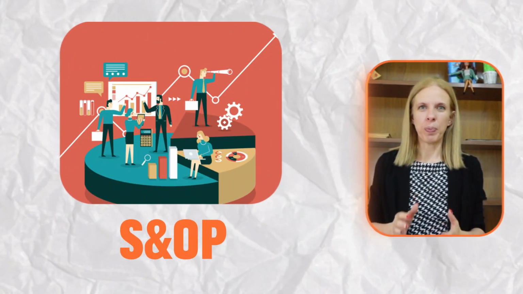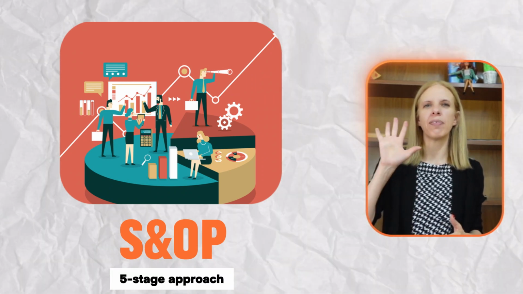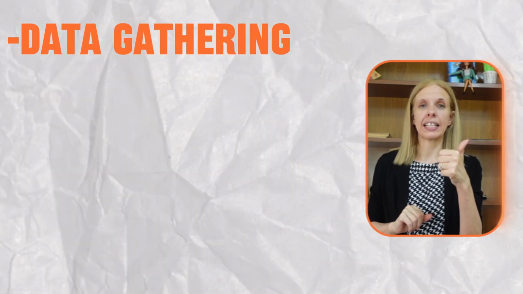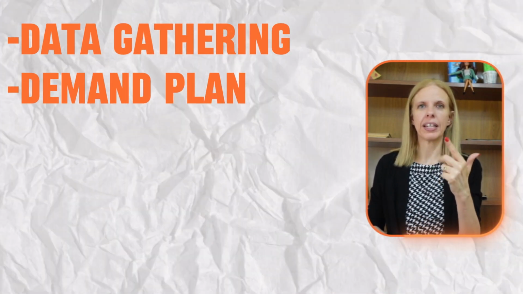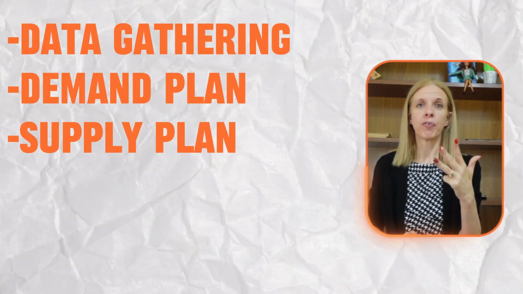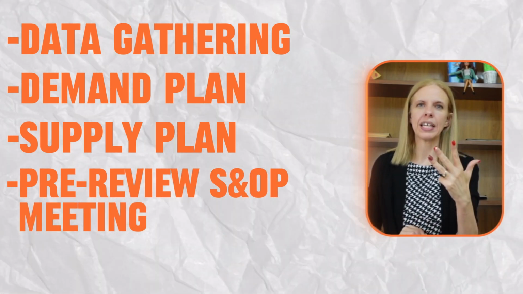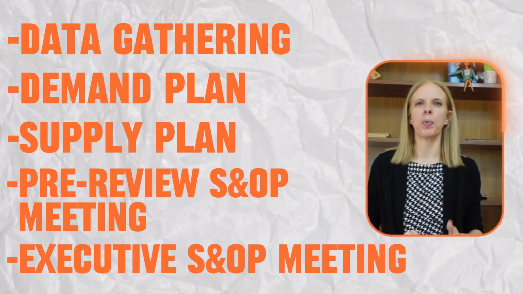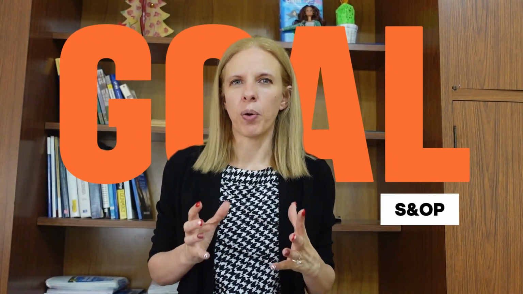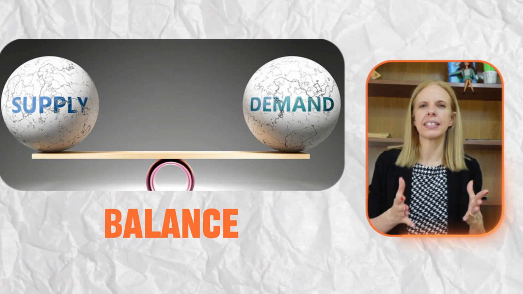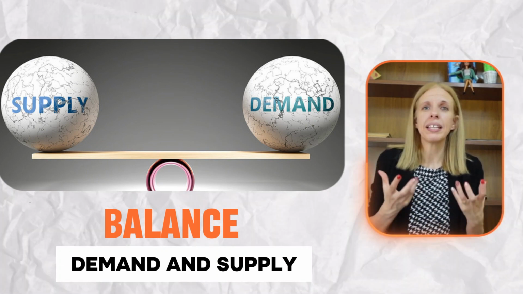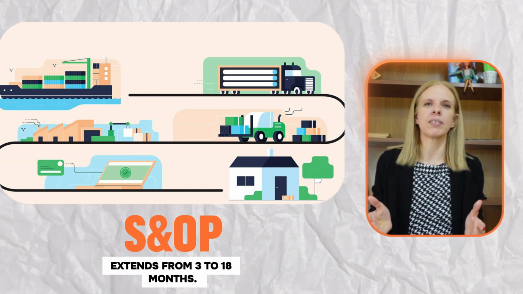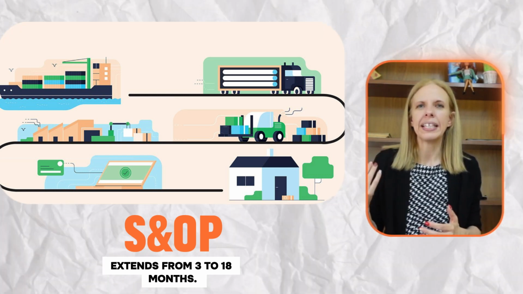The S&OP process follows a 5-step approach. 1. Data gathering. 2. Demand plan. 3. Supply plan. 4. Pre-review S&OP meeting. 5. Executive S&OP meeting. The goal in S&OP is to balance demand and supply by identifying a workable solution. S&OP extends from 3 to 18 months.